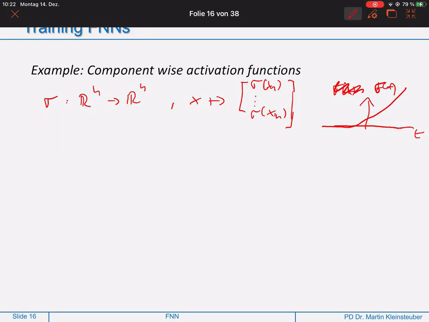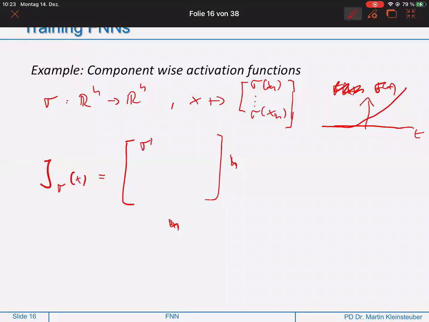So what we want to do is compute the Jacobi matrix. We know that the Jacobi matrix of this activation function sigma at some point x is, this is clear, an h by h matrix, and the derivative here is the first function derived after the first variable.